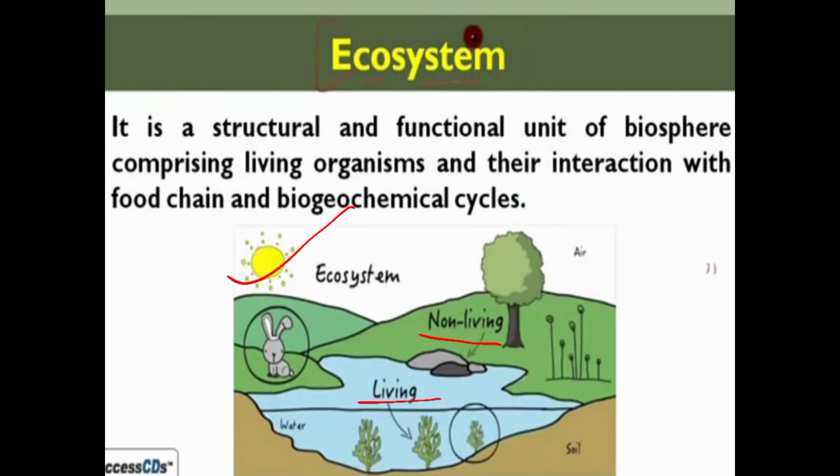The sunlight and water come under the non-living components, and rabbit, trees, whether they are inside water or outside the water, are included in the living organisms. So the ecosystem consists of both living and non-living organisms, and they interact through the food chain and biogeochemical cycles.